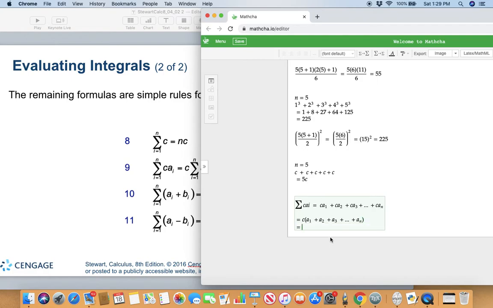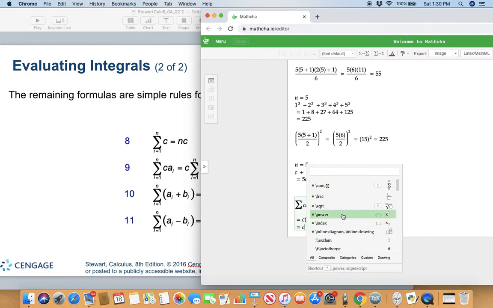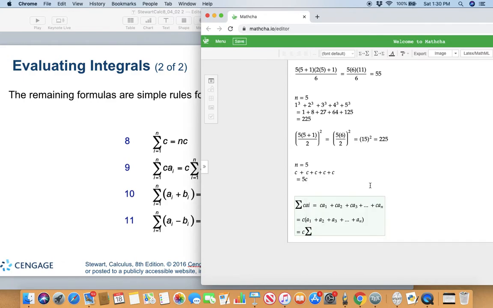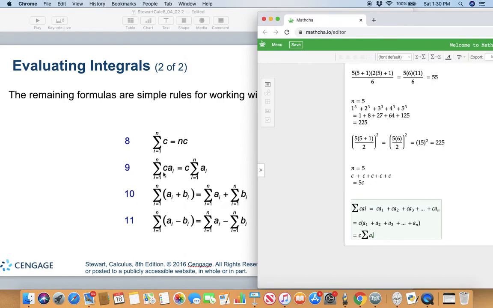That is same as c is outside. This is what we call summation a sub i. All right, so that's all we are saying. Summation c a_i is c summation a_i.